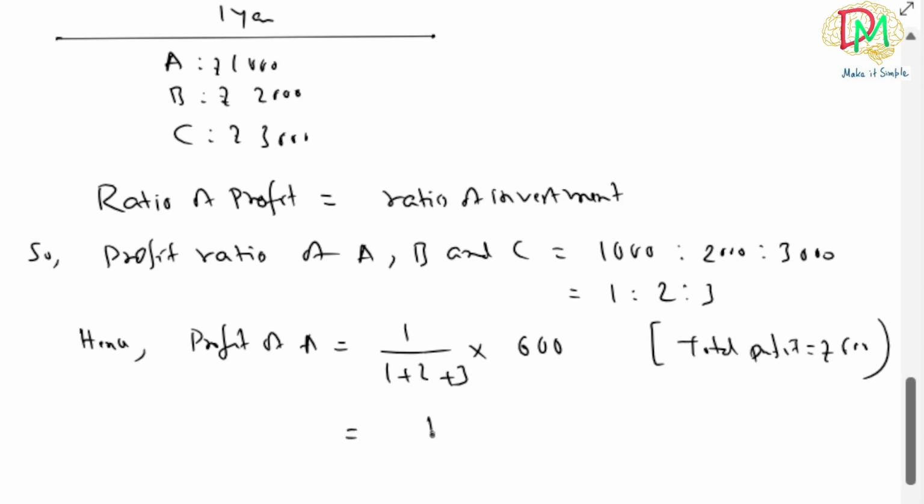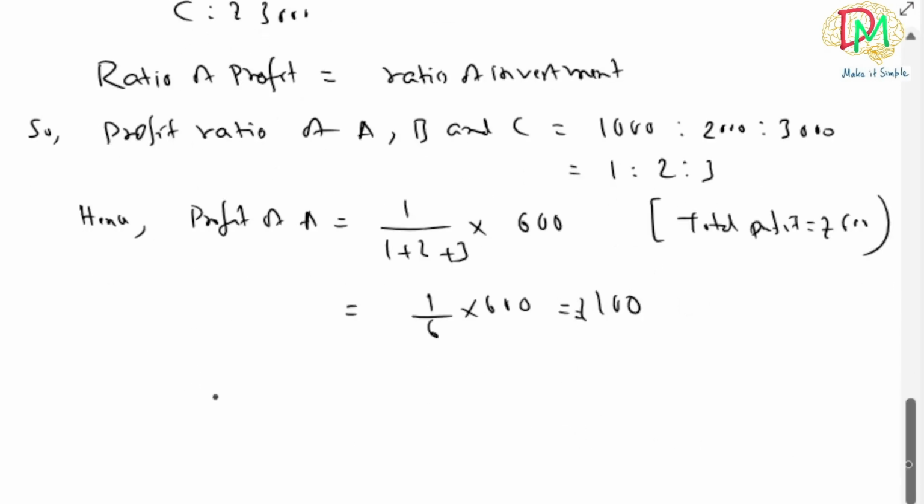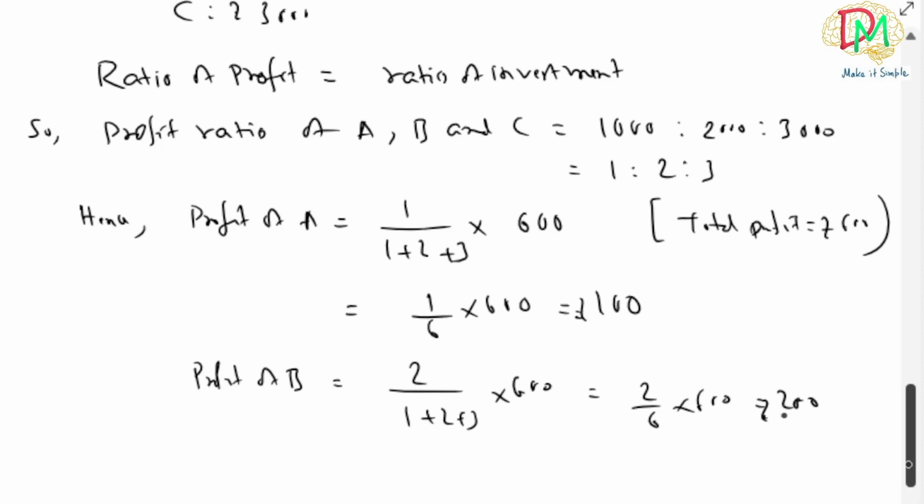So it will be 1 by 6 into 600, that is 100 rupees. And profit of B is equal to 2 by 6 into 600, that is 200 rupees. Profit of C is equal to 3 by 6 into 600, that is 300 rupees.